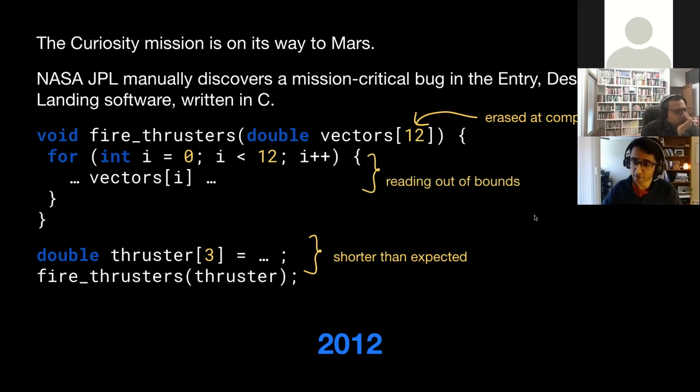And so we get an out of bounds read when we try to read 12 elements out of an array of length 3, which could lead to reading off the wrong part of the stack, undefined behavior. Generally terrible if you are writing mission critical software which has very strict constraints that it must follow to interact with the hardware.